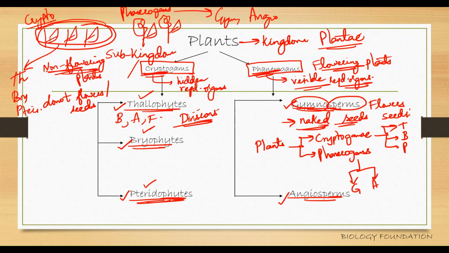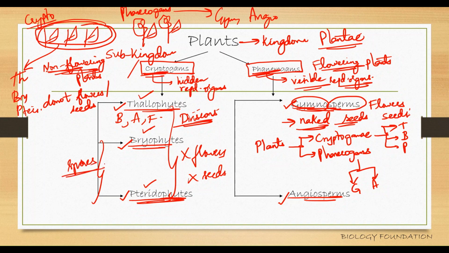All these plants do not produce any flowers or seeds, and reproduction mostly occurs by production of spores. Bryophytes are referred to as the amphibians of the plant kingdom because they require water for reproduction and survive on land.